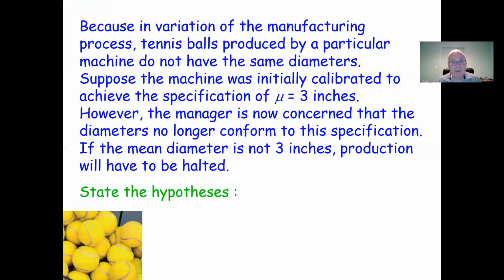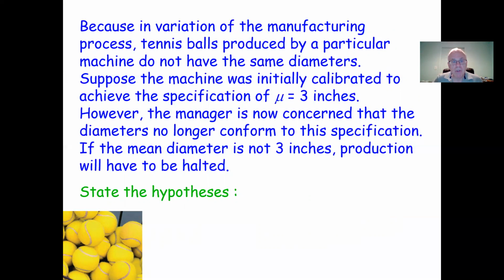All right, here's another case. Because of variation in the manufacturing process, tennis balls produced by a particular machine do not have the same diameters. Suppose the machine was initially calibrated to achieve the specification of mu is equal to 3 inches. Again, the population characteristic is the mean, mu.